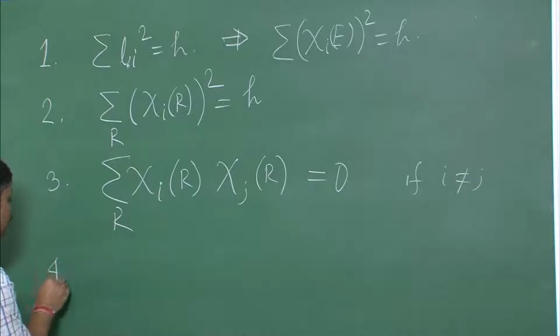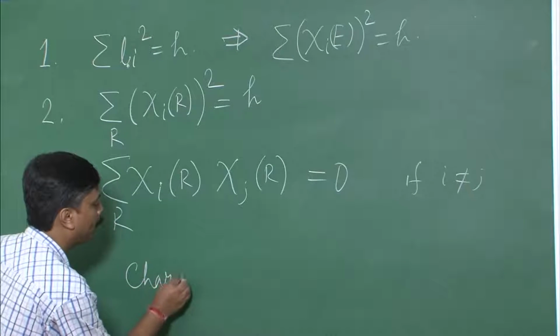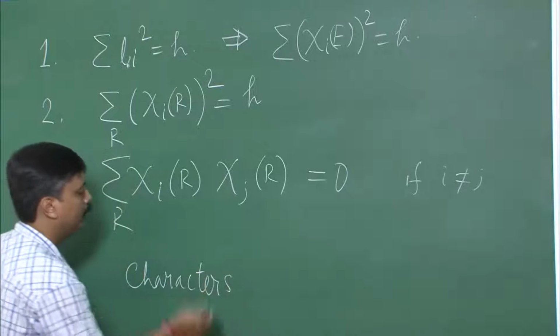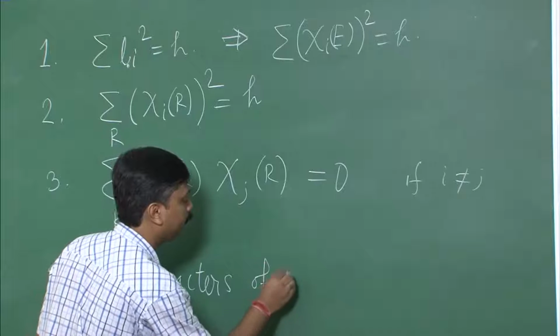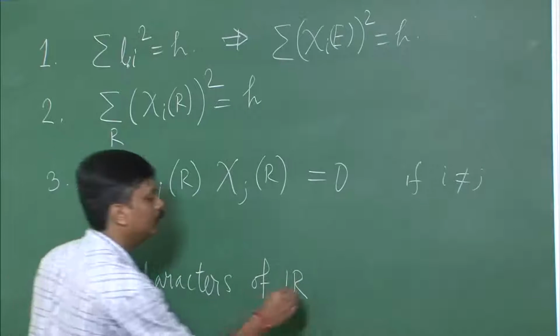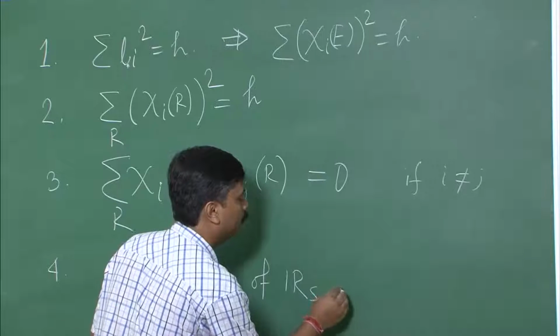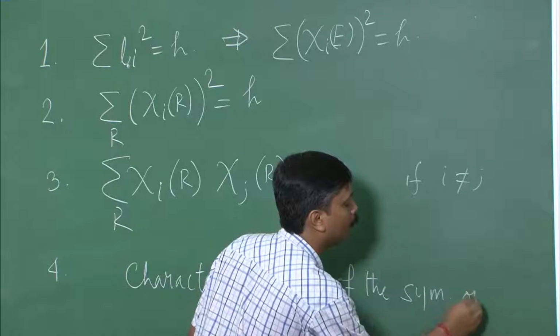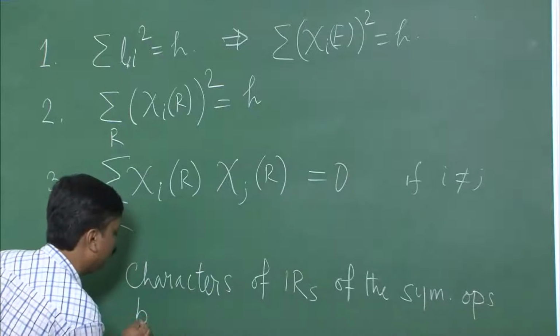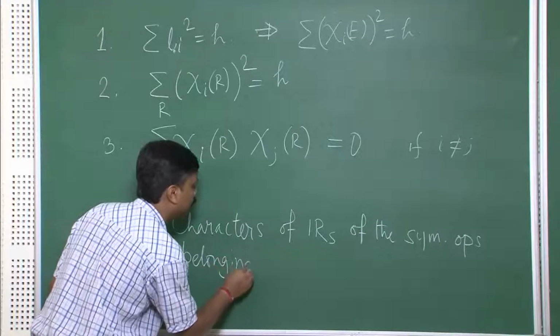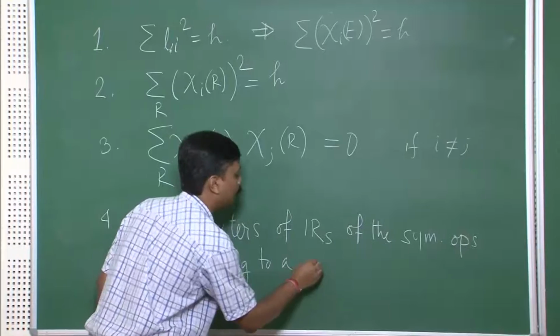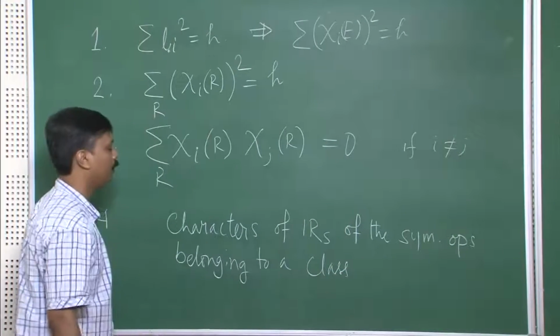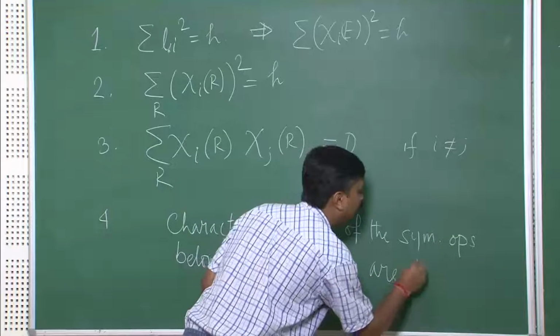And as a fourth rule, we said that the characters of irreducible representations of the symmetry operations belonging to a particular class are identical.